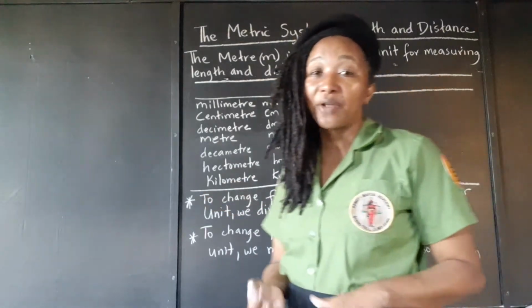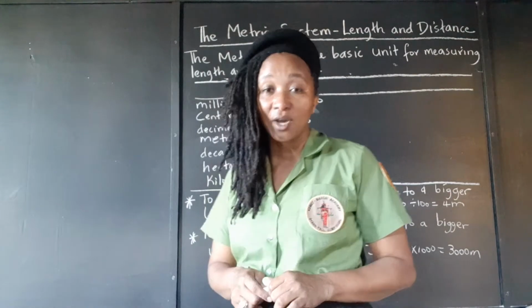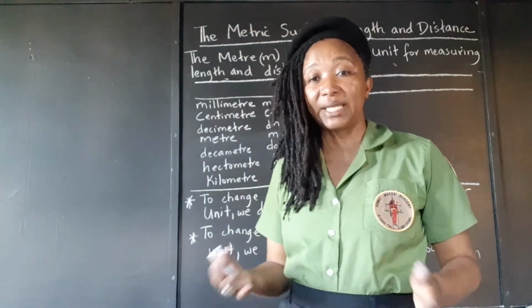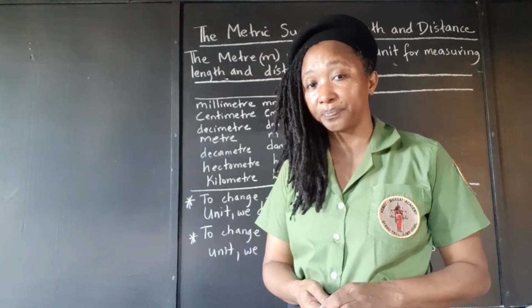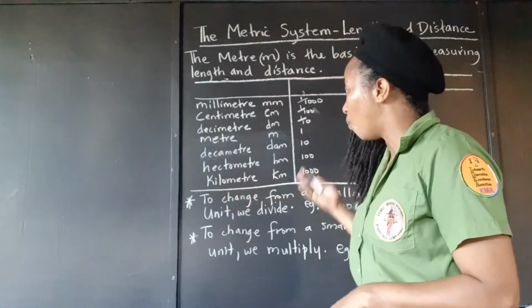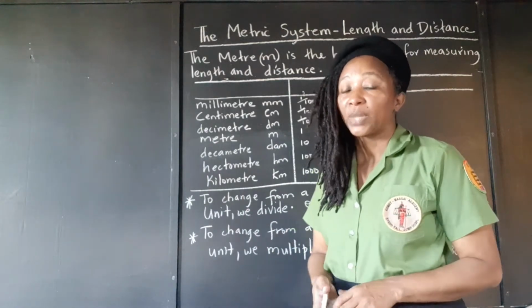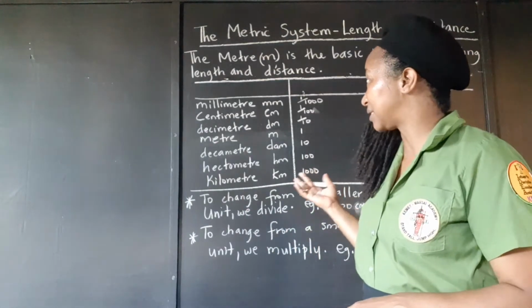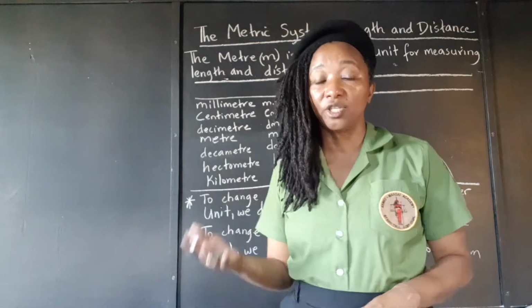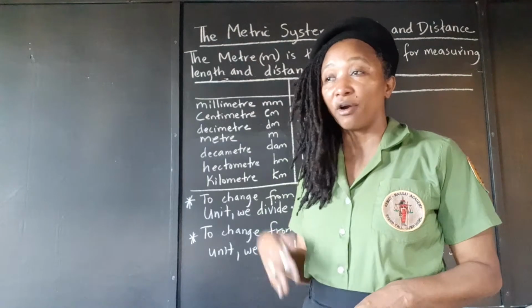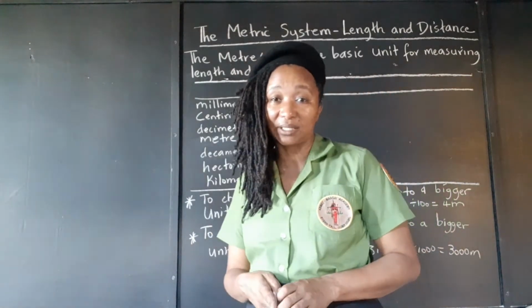So once you can remember your prefixes, those will really help you to remember how to convert from one unit to the other, because we can express millimeters in terms of meters, or centimeters in terms of meters, or kilometers in terms of centimeters.